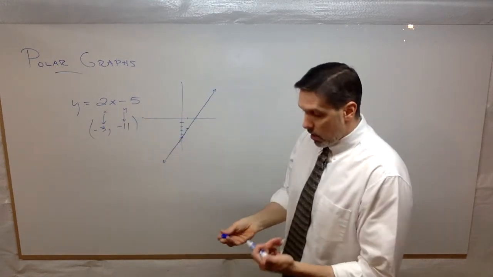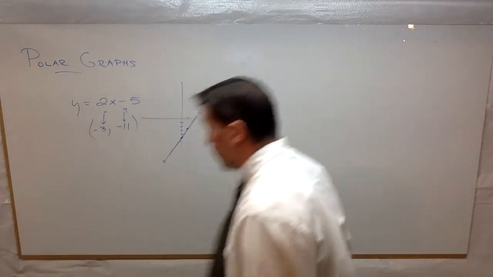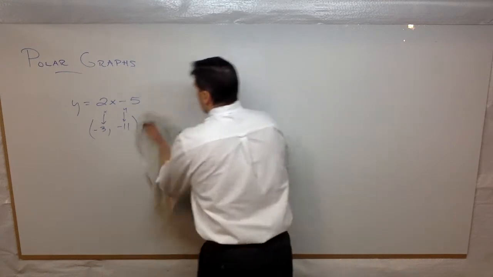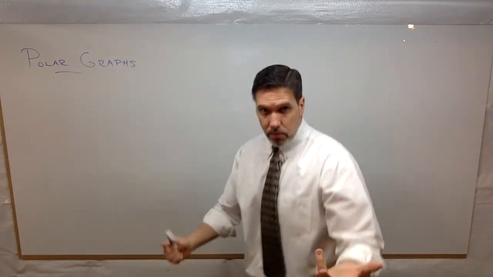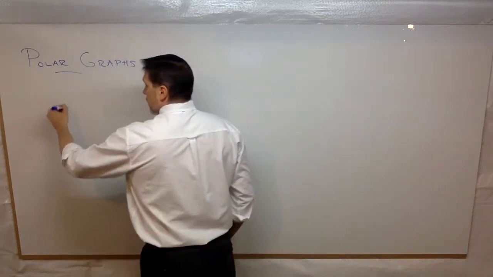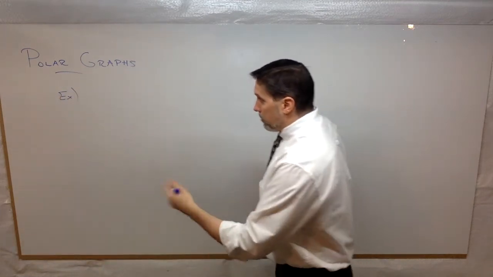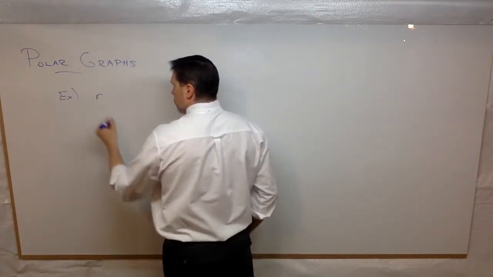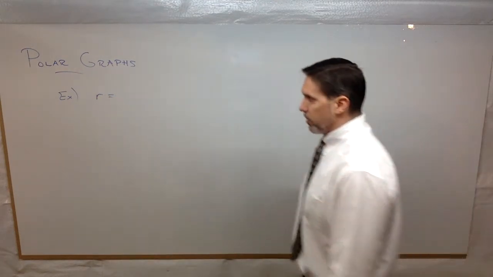Well, we can do this same sort of thing in the polar coordinate system. In other words, there are polar equations. It's just we're not going to be using x and y. We're going to be using r and theta. So we can show relationships between r and theta. Now, even though r is our first coordinate, a lot of times these are solved for the r variable.